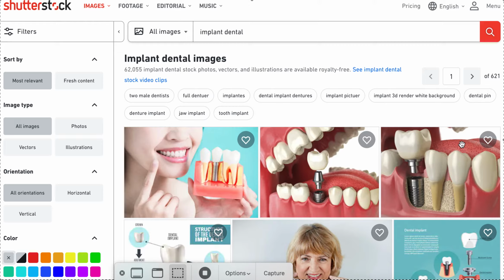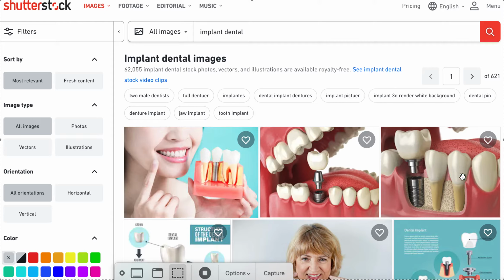I didn't do it maliciously. I just didn't understand what that meant. So I ended up having to pay a major penalty fee to some attorney, a couple of thousand dollars, for that mistake. Ever since then, I'm extremely conscious to make sure that I can use the images that I use.